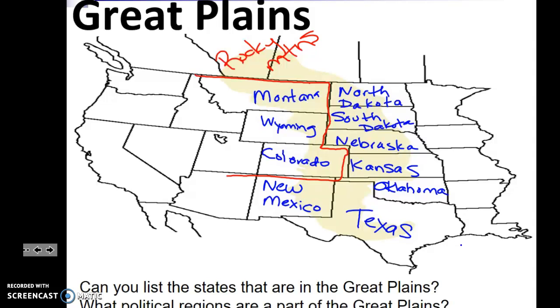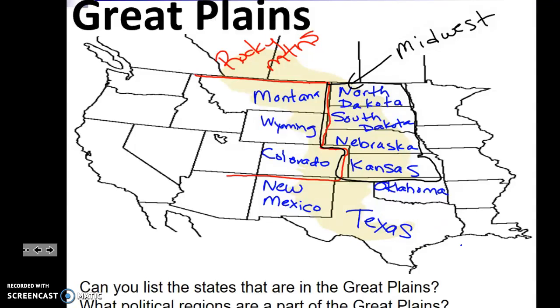It's not all rocky, it's not all mountains, and people get confused with that. Another region that has the Great Plains, I'm going to outline in black, which is the region that has most of the Great Plains in it. And that's right here that I'm outlining in black. This is the Midwest region.